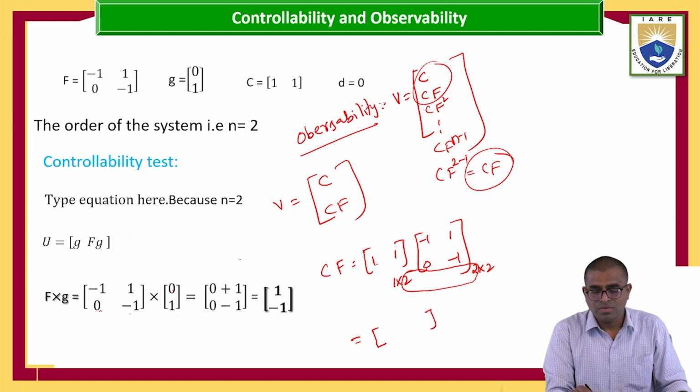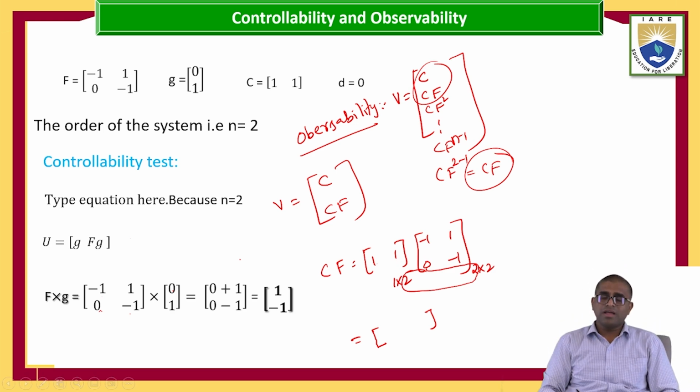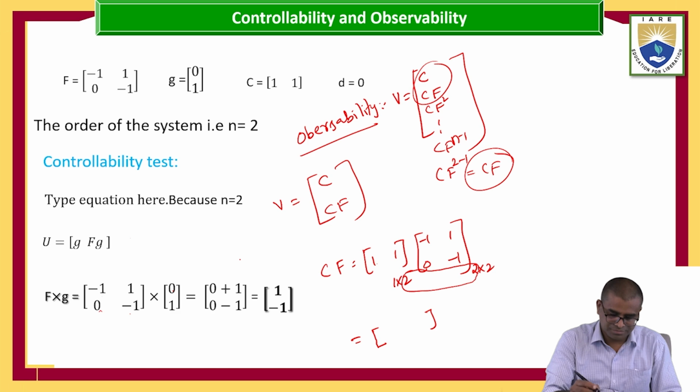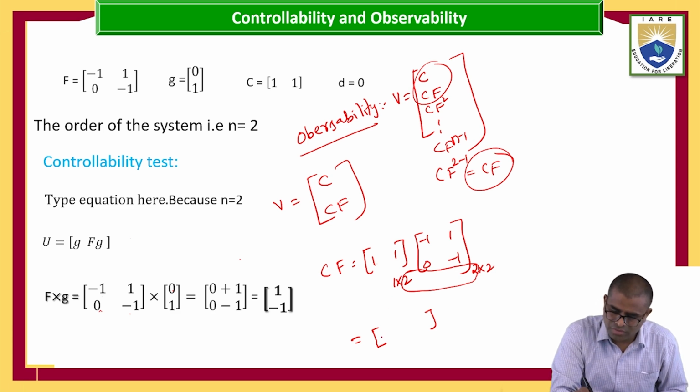First component: 1 into minus 1 plus 1 into 0, so we get minus 1.